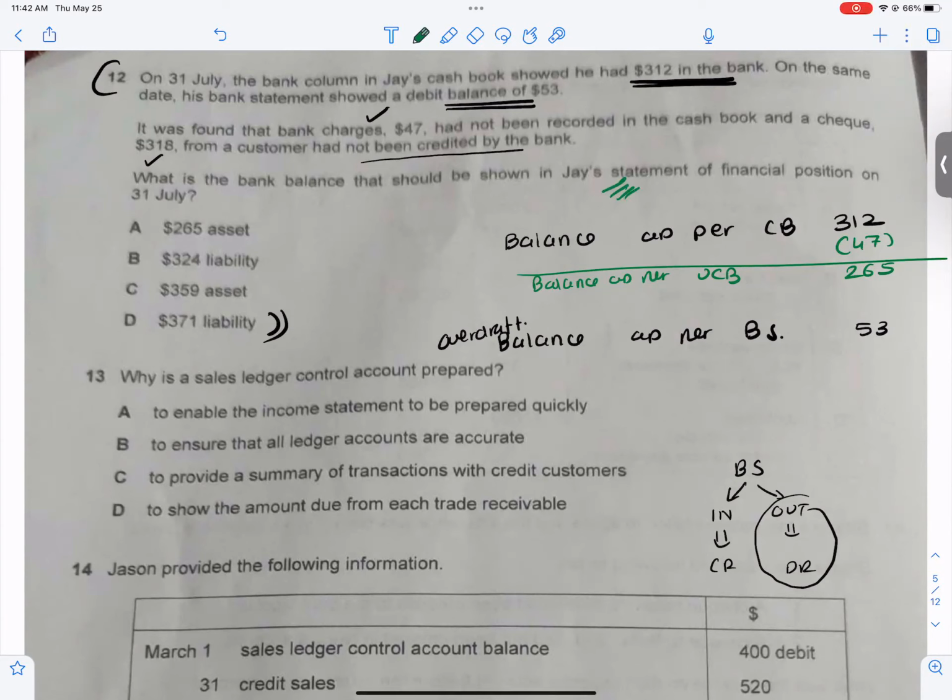Wait, there is an unpresented check, right? Check received but not yet credited. So in the statement of financial position, I will show what amount? 371. Why? Because you have to do 53 plus 318.